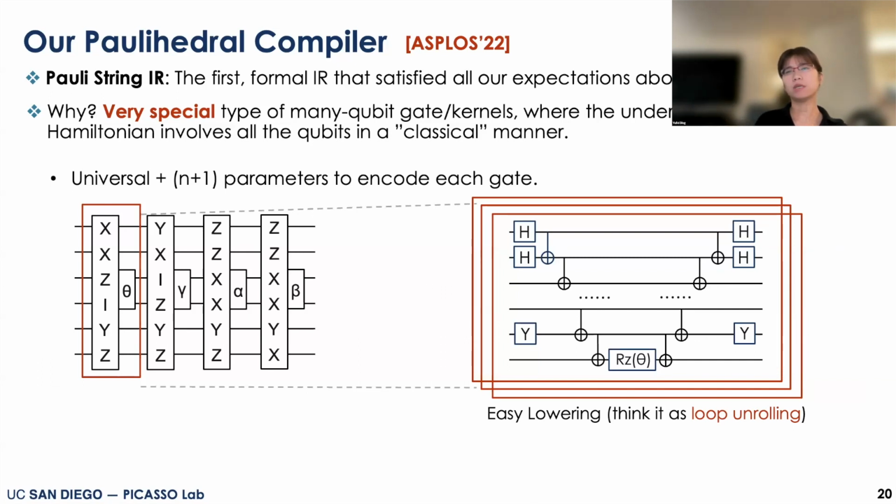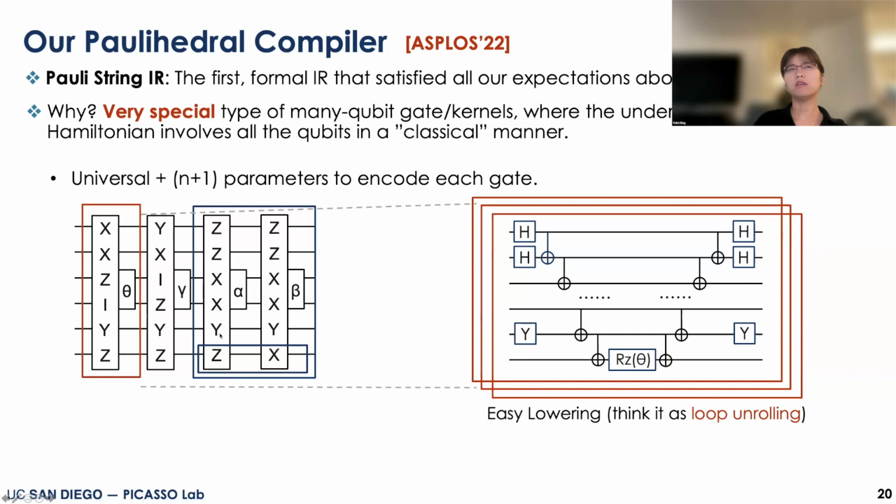This process is more like a loop unrolling process, because of the way we choose the special types of this gate set. And it also enables a lot of optimizations. As shown here, if you look at these two many-qubit gates, you may find that a lot of parts of them are similar.